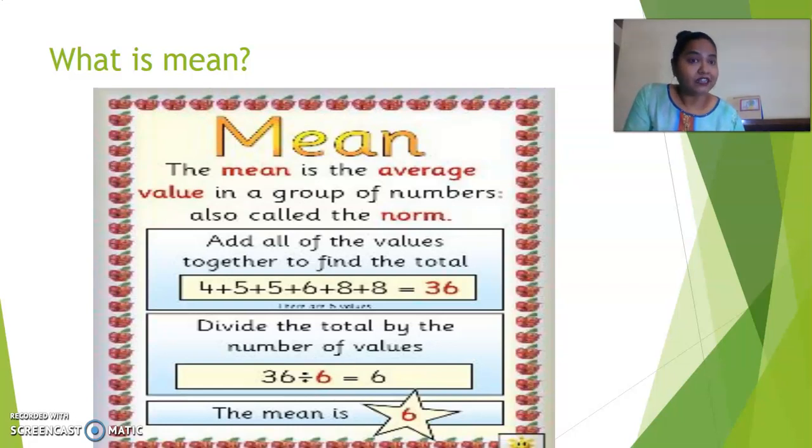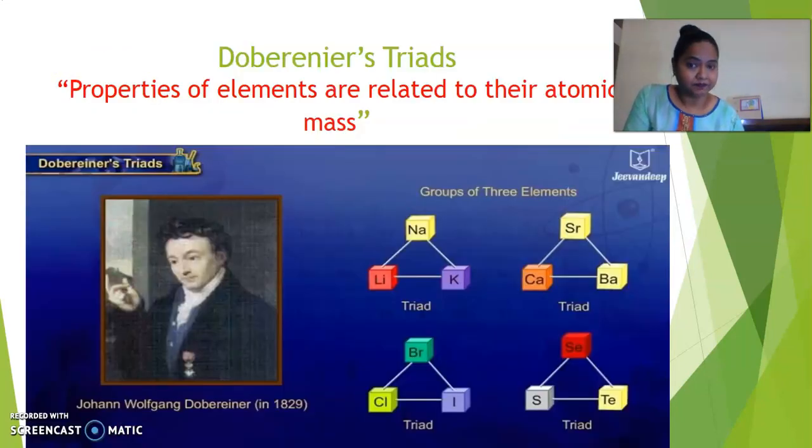So, taking this into consideration, let us move forward and understand Dobereiner's theory. John Wolfgang Dobereiner, a German scientist, stated that the properties of an element are related to their atomic mass. What did he say?